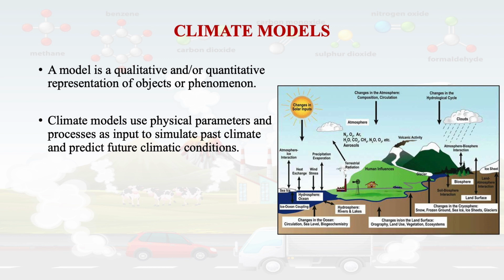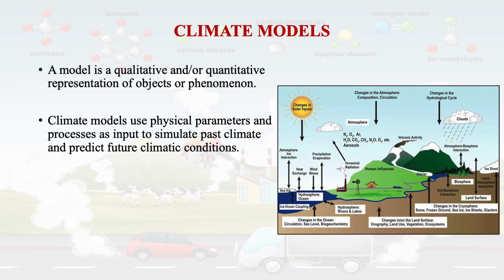A climate model is a quantitative or qualitative representation of objects or a phenomenon. Computer models that simulate the Earth's climate are called general circulation models. The climate models use physical parameters and physical processes as input to simulate the past climate and predict the future climatic conditions.